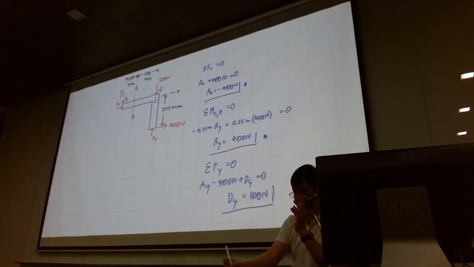So the credit will be awarded to just this point, this point, this point, because I only need ax, ay to proceed.